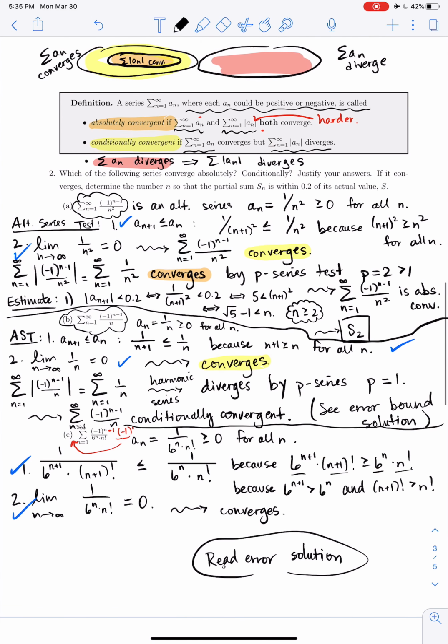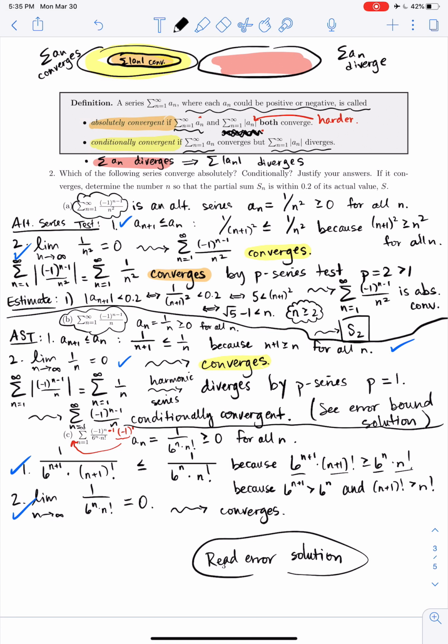Then we said that any series at all can be clumped into two categories. It either converges or diverges. If you take the absolute value of the terms in the series and you look at this series instead, if that new series converges, then your original series is what's called absolutely convergent.